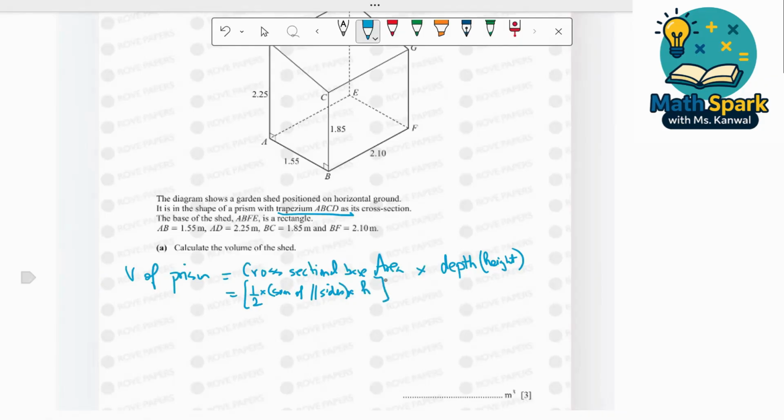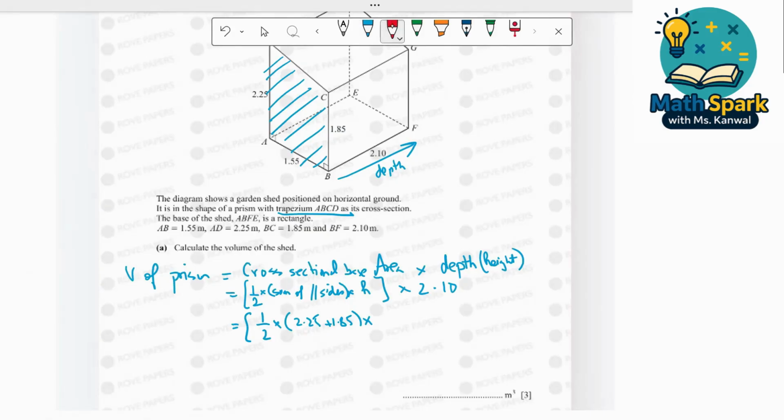Over here, this front is the cross-sectional base. It means this will be the depth of the full prism. So here we can write down 2.10. Now the parallel sides here are 2.25 plus 1.85, multiplied by the height of the trapezium, which is always the distance between the two parallel sides.